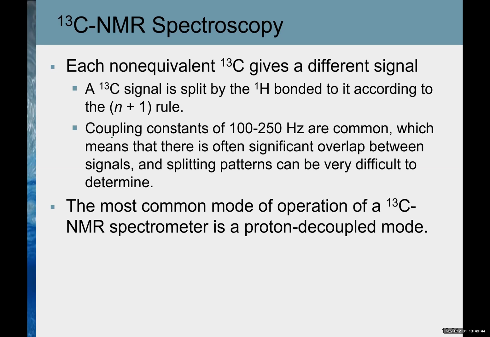You can determine that by looking at the data chart. Second is the size or area under the curve. That area will tell you how many equivalent hydrogens are contributing to that signal. And finally, you need to look at the splitting pattern, which tells you how many neighboring protons are present.